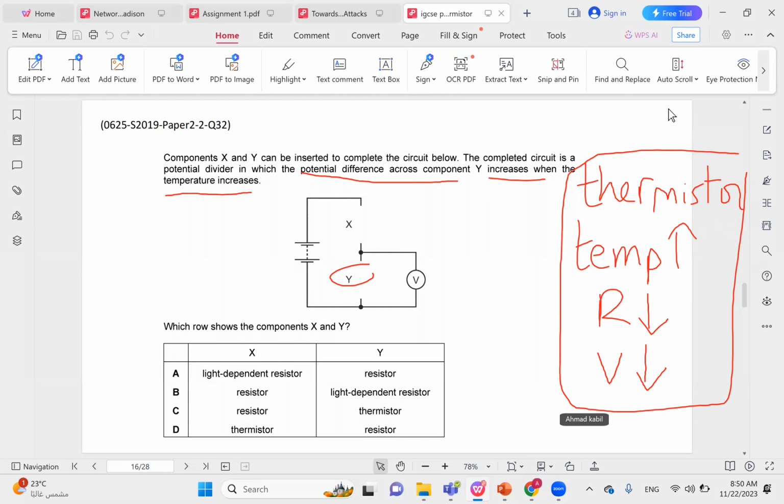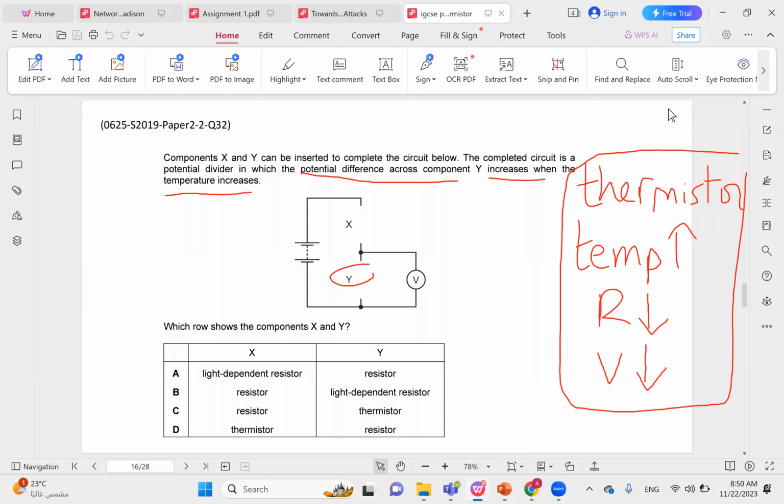So we want an arrangement so that the potential difference increases when the temperature increases. So obviously I cannot put a thermistor in Y, because if I put a thermistor in Y, as the temperature increases, the voltage decreases, as you can see what I wrote on the screen. So the thermistor cannot be in Y.